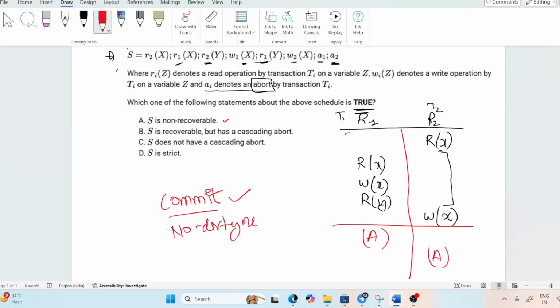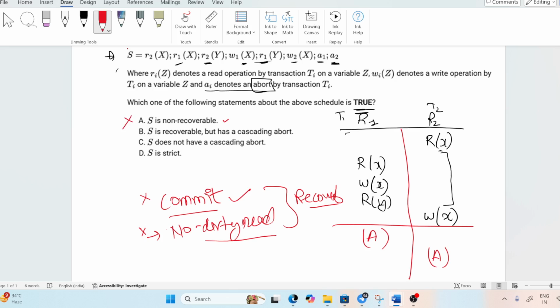In this schedule there is no commit. Let's check another: is there any dirty read or not? I am unable to see any dirty read. So both are false, which means this is a recoverable schedule. So this option is eliminated, it is not the right option.